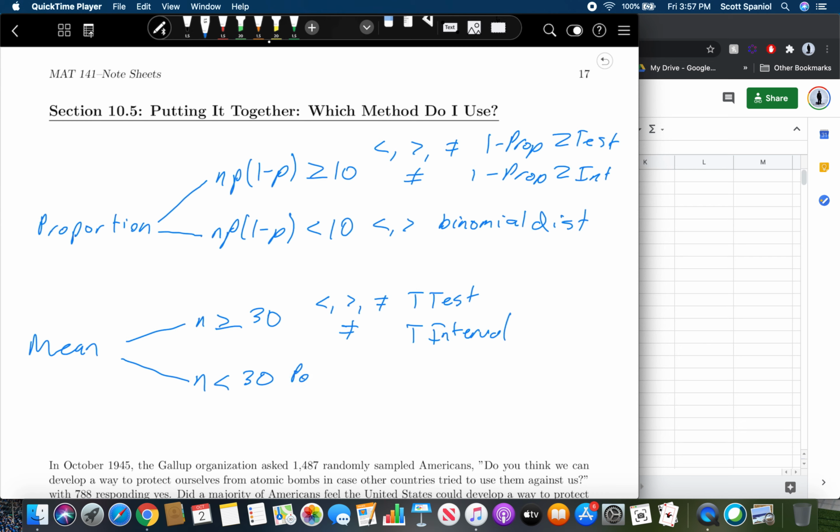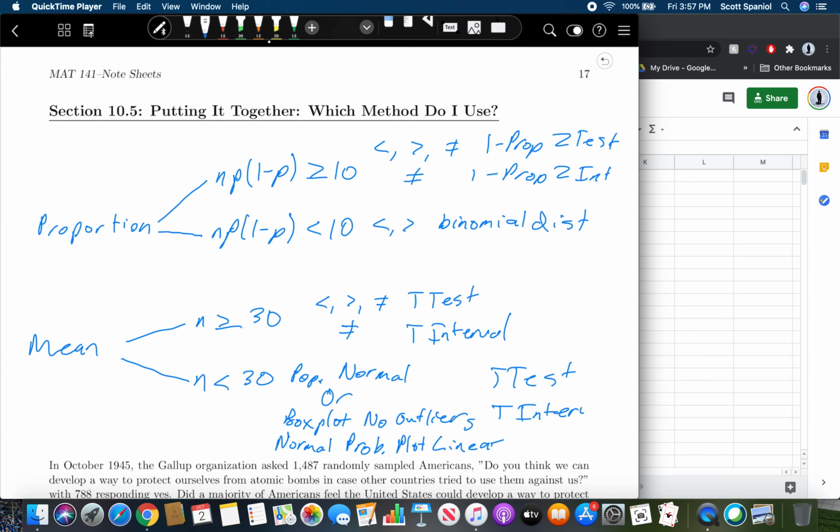Either your population needs to be normal, or you need a box plot with no outliers and the normal probability plot needs to be linear. If either of those is true, then you can do a t-test or t-interval depending on the situation.